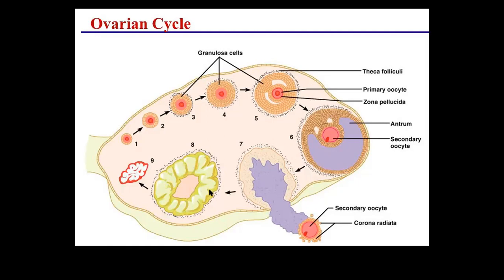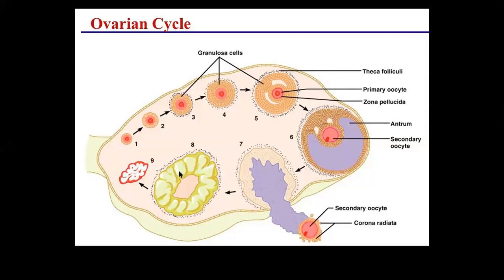Progesterone maintains the thickness of the uterus for the implantation of the baby. That's why the corpus luteum is important. This is called the corpus luteum of pregnancy.